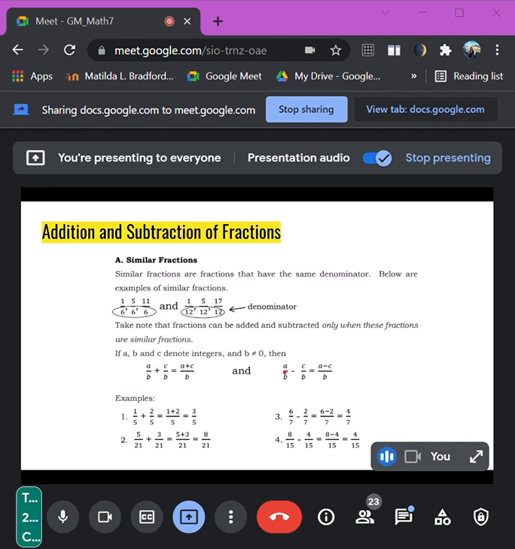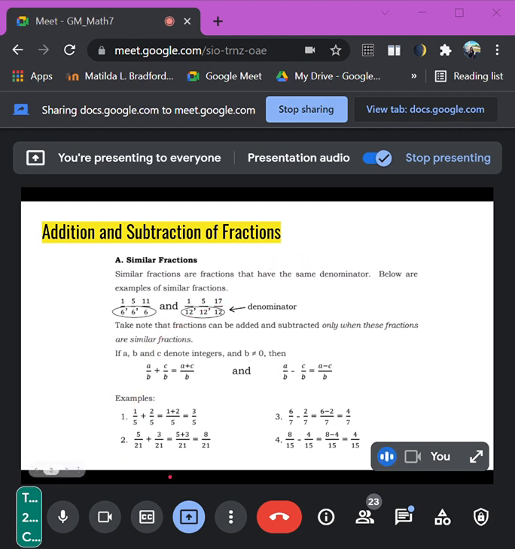So we have A over B minus C over B. So you're just going to simply subtract your numerator, A minus C over B. So copy lang gihapon ang denominator. You're not going to subtract as well the denominator, okay? You're just going to copy. Remember that one in adding and subtracting fractions.